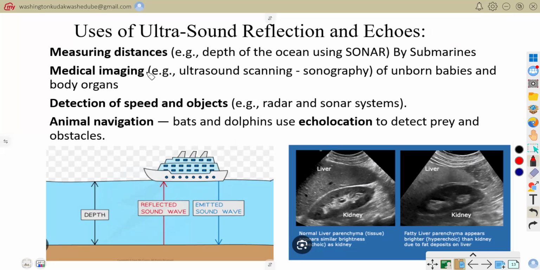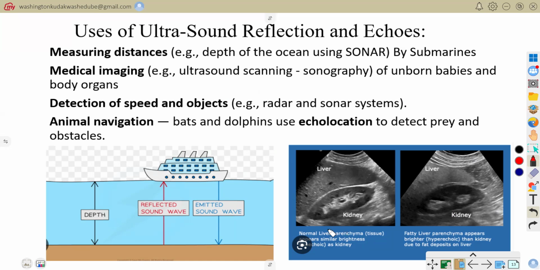And then when it comes to medical uses and applications, we have what we refer to as medical imaging. We use ultrasound for what we refer to as ultrasound scanning, which we refer to as sonography. For example, when we want to monitor or check our human organs, like the liver, we want to see how damaged it is or how healthy it is, our kidneys as well.